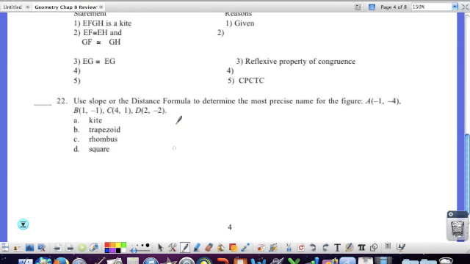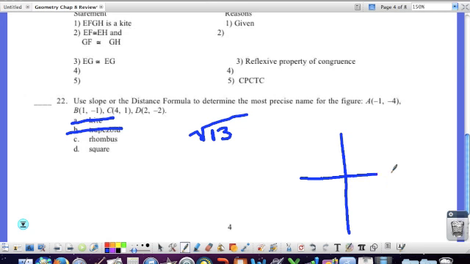So for this problem here, I was working on it, the computer crashed, I missed my horrible drawing, but we said that each side had a length of radical 13. So it's not a kite and it's not a trapezoid. So the way to figure out if it's a rhombus or a square is to figure out the side lengths and if the lines are perpendicular.